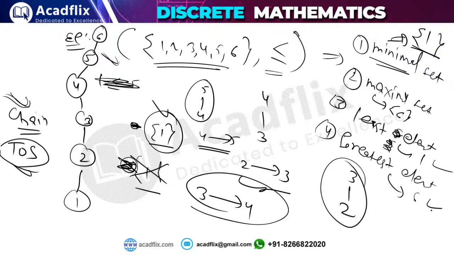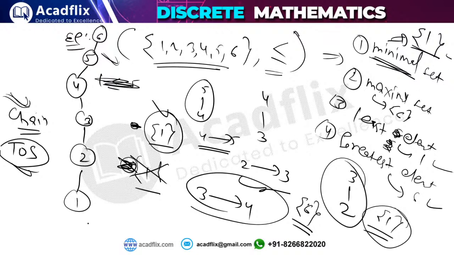That's why I am directly putting 1. The greatest element will be unique if it is present, so I am directly putting 6. But the minimal element may not be unique, so it will be a set. Similarly, the maximal element will also be a set. The least and greatest elements are unique if present. This is the difference.